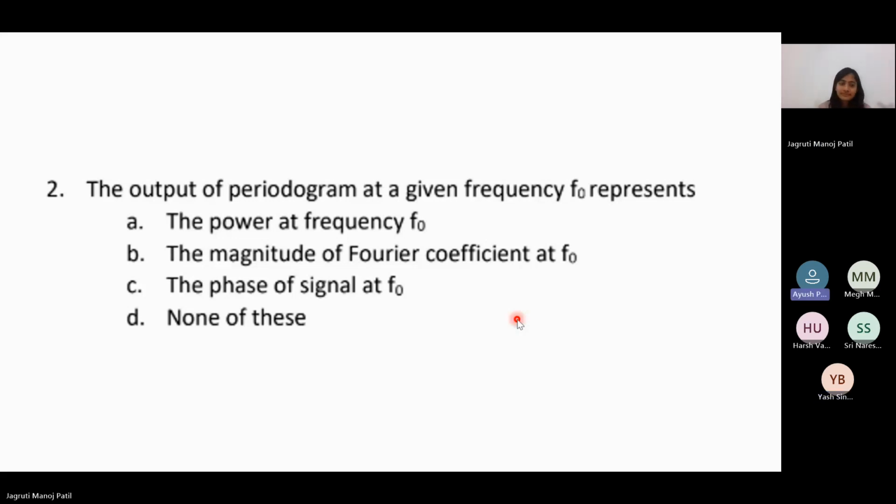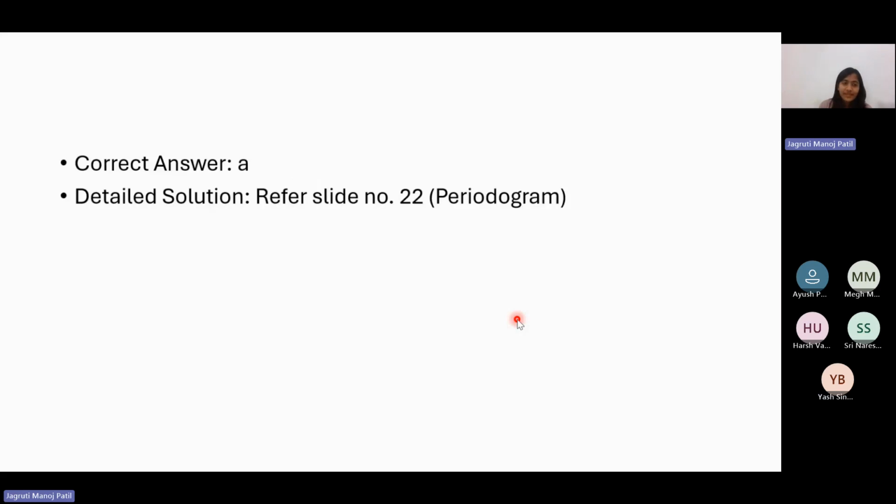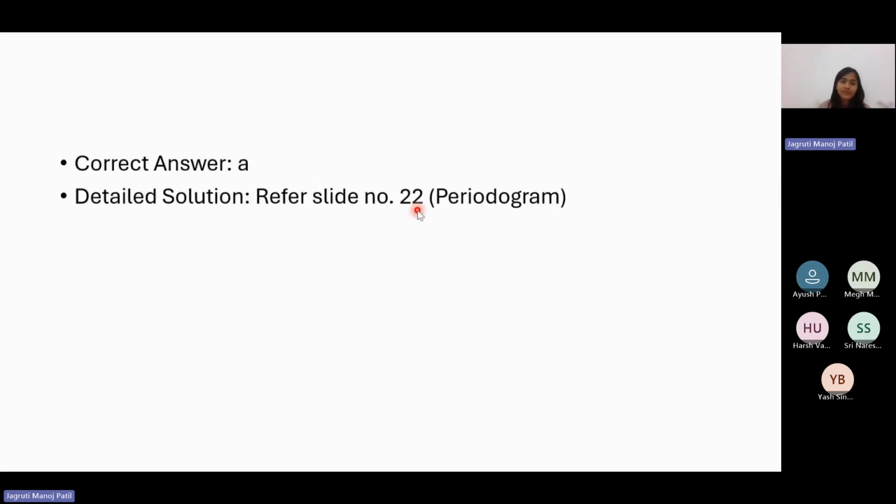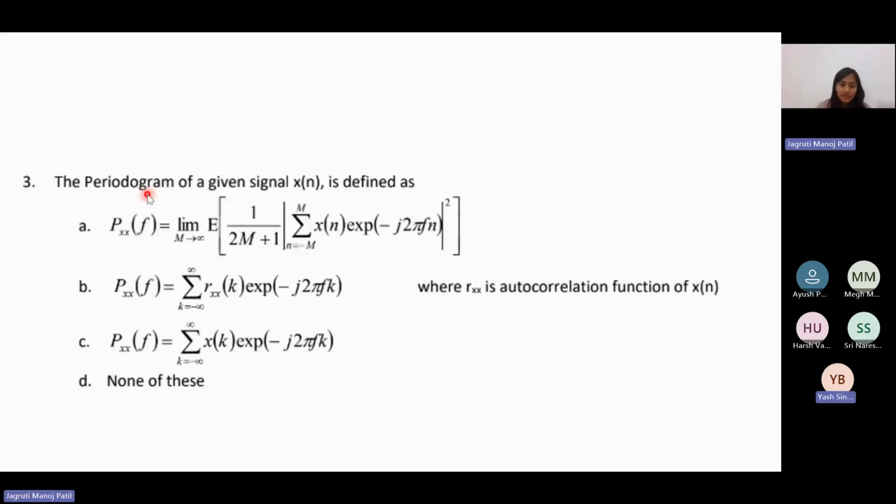Ma'am, I think option A. Yes, it gives us the power of the function at a particular frequency, essentially the power spectral density. A periodogram of a given signal x of n is defined as per the formula. Now you know how the periodogram is defined: Fourier transform, limiting case, average it.